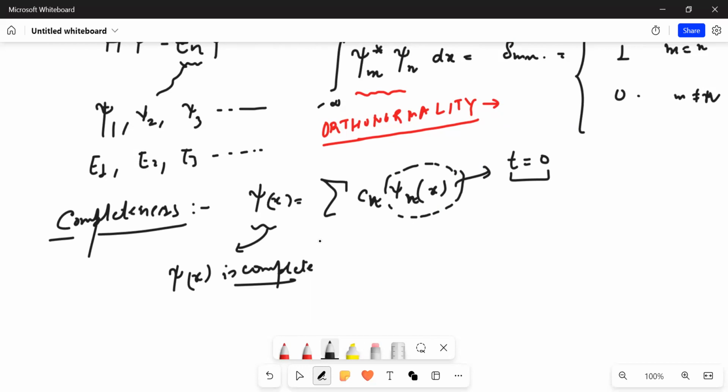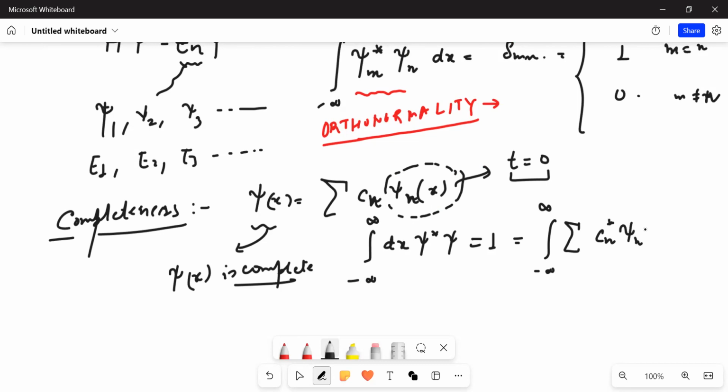Further, if the wave function is normalized, then I know that the integral from minus infinity to plus infinity of dx psi star psi must be equal to 1, which indeed means, if m is equal to n only, it is going to yield a result.